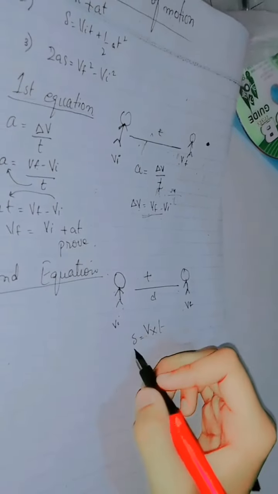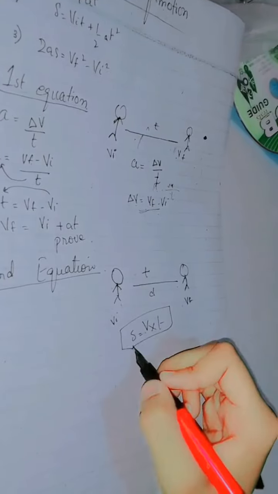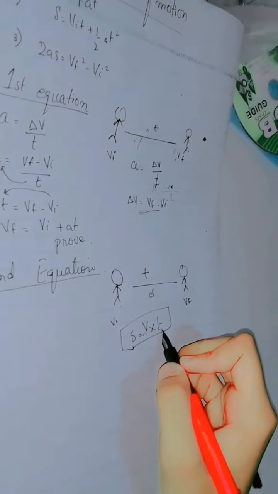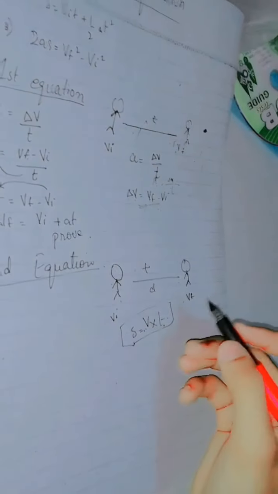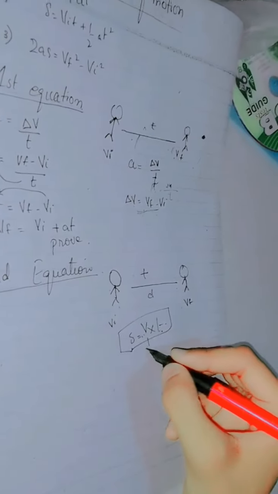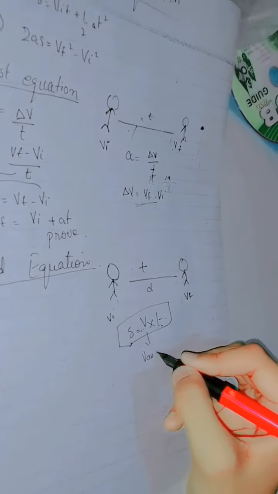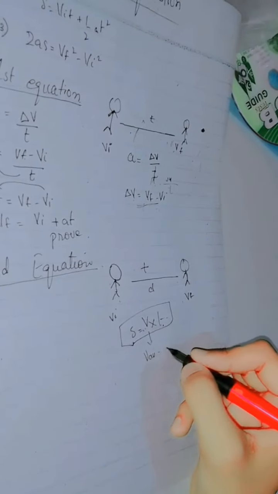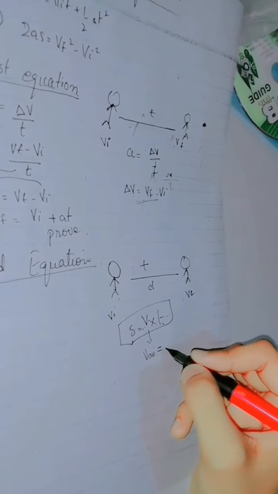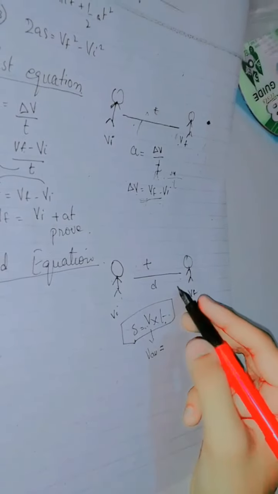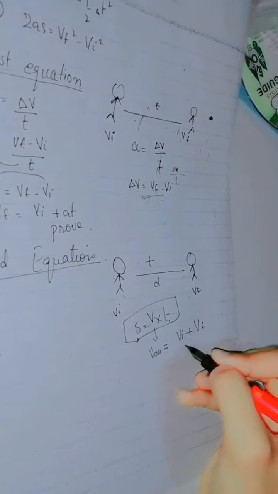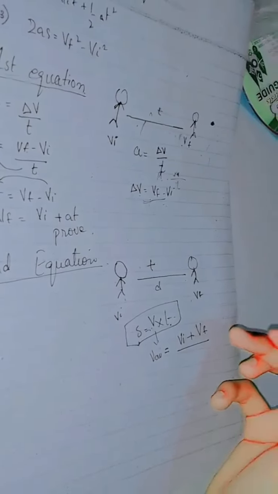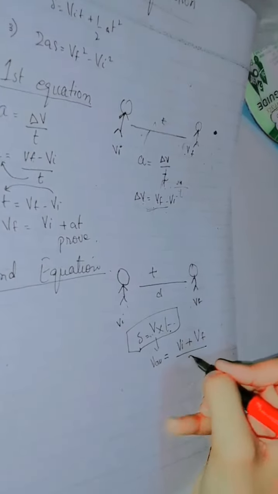We'll use the formula that distance is equal to velocity into time. But here we will take the average velocity to prove this equation. And how to take an average? We add both values, initial velocity and final velocity, and divide by the total number of values, that is 2.